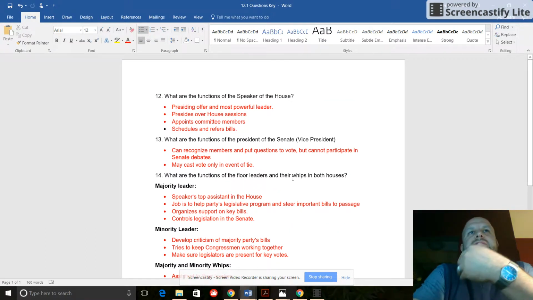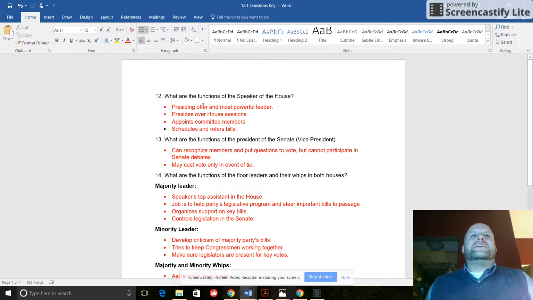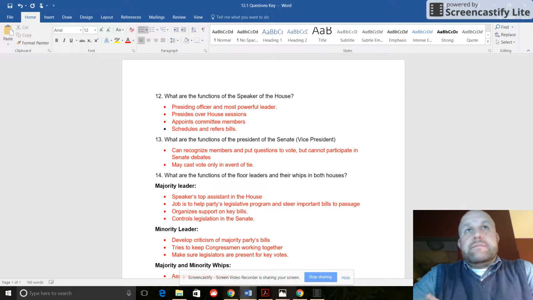Well, the presiding officer and most powerful leader, far and away, presiding over the House sessions, has very heavy influence over the appointment of committee members, and will control the scheduling and referral of bills: what committee they're going to, whether they're going to die, whether they're going to be referred to committee for further consideration.